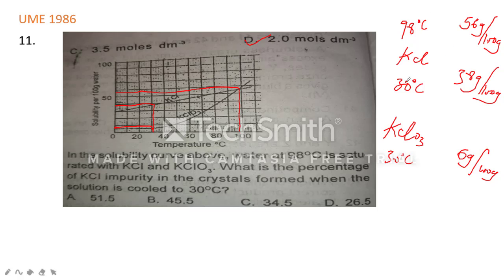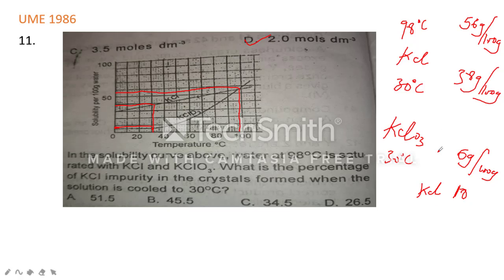So if you want to get the mass deposited for potassium chloride, that's going to be 56 minus 38, which is going to be 18. That would be the quantity that will be crystallized, since it's dropping in temperature.